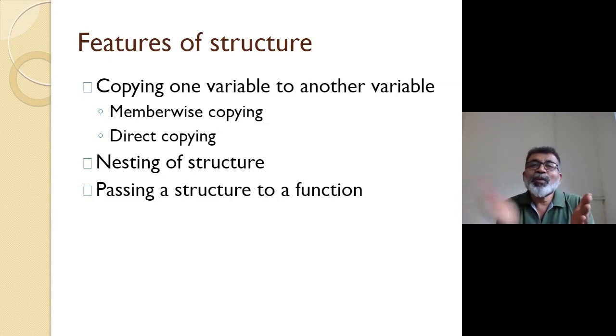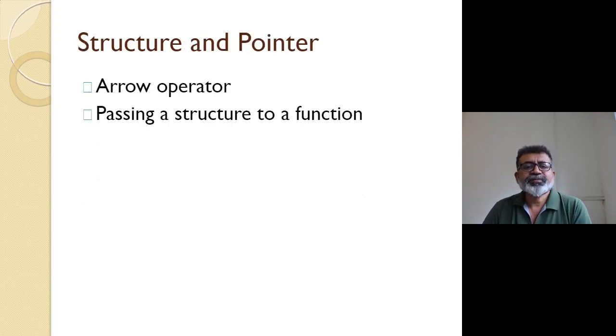That is a member-wise copy, right? Nesting of structure is remaining. I am going to cover that. Passing structure to function I have shown you. Okay. So almost 70% I have covered by taking only one example. Right? Arrow operator I have shown. Passing structure to function I have shown. Right. So we will stop here.